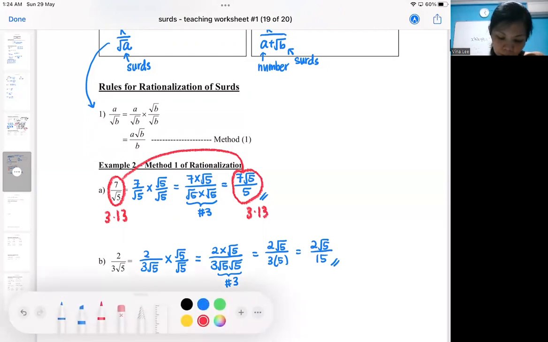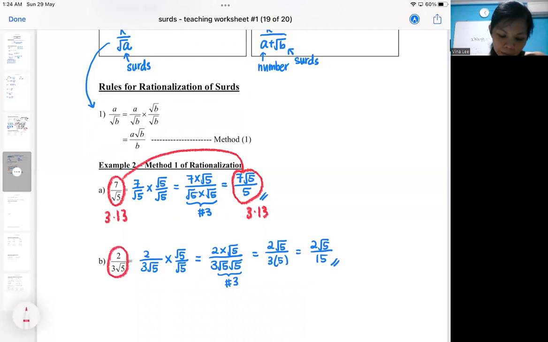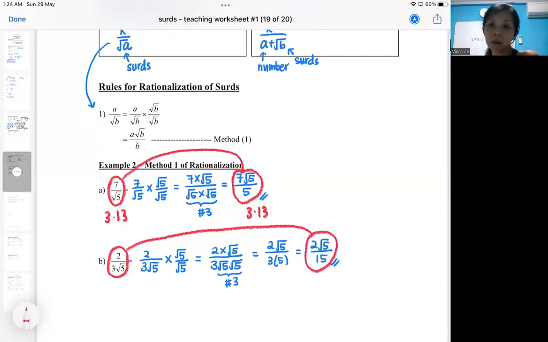So if you take a look, you should always compare. You start off with some surds in the denominator. So eventually, you shouldn't see any more surds in the denominator. The surds can be on top. It just cannot be below. So again, you can punch calculator to make sure that your rationalization is correct.